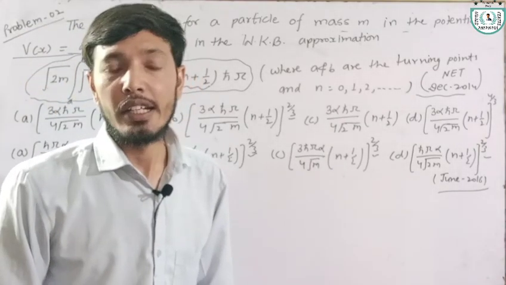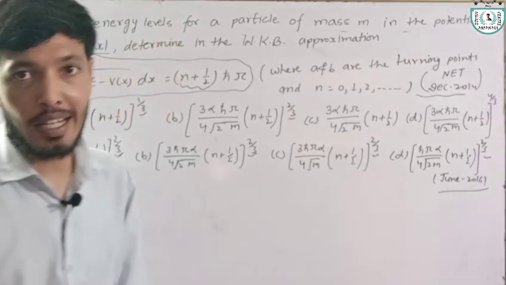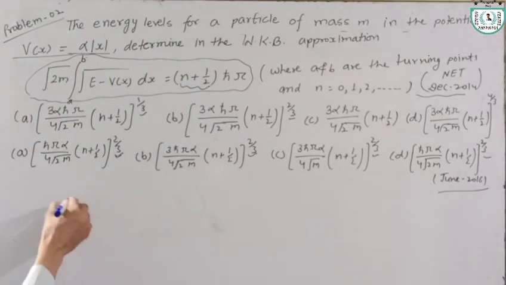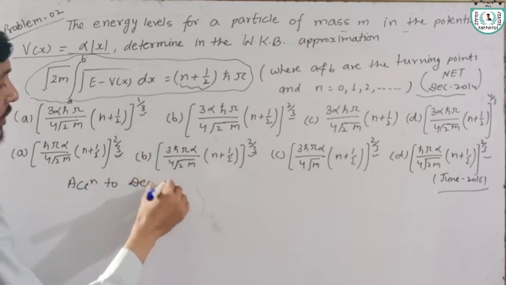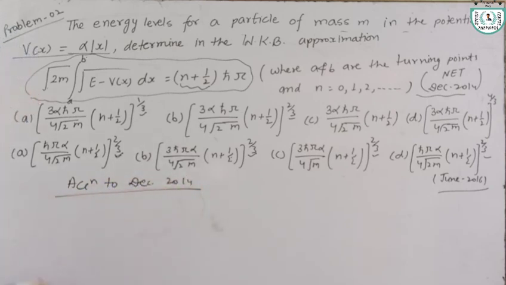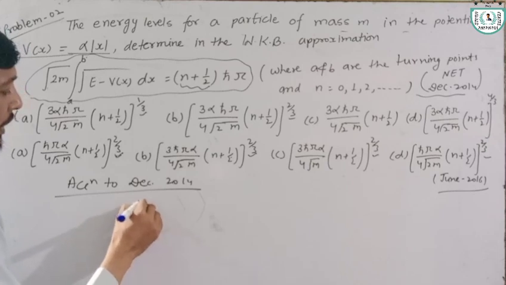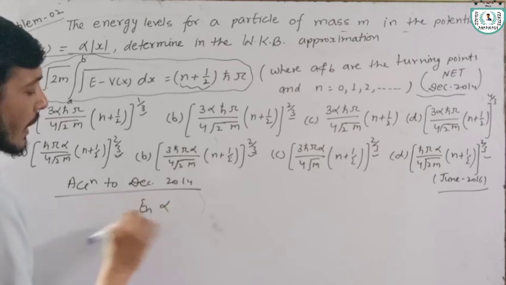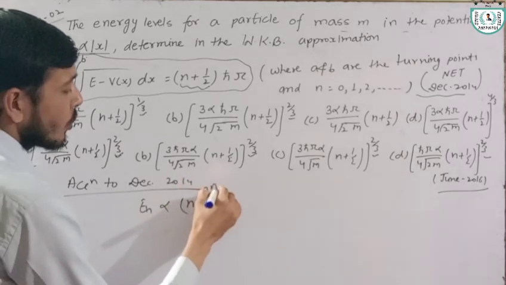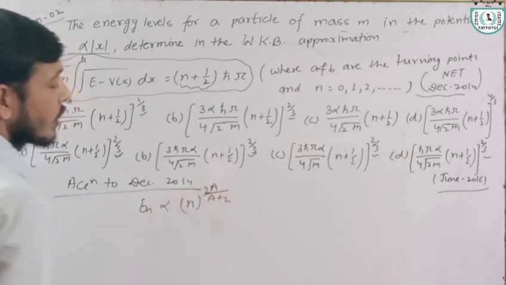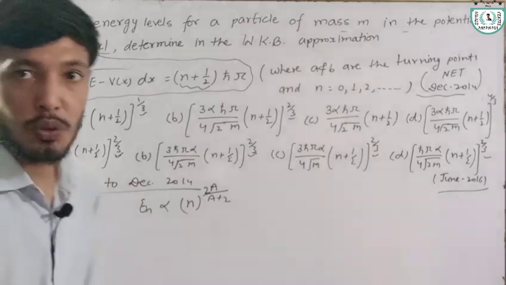Here we will apply the dependency of En on a and n, according to December 2014. We will apply En depends on n raised to power 2a upon a plus 2.